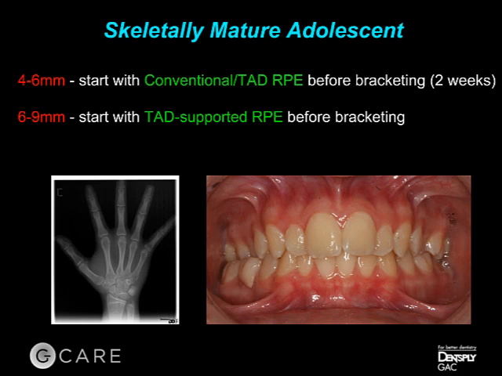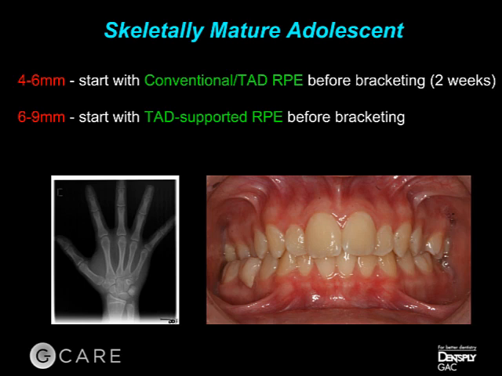To me, this is where the TAD-supported RPE comes in, knowing that on these skeletally mature adolescents, I can gain 70 to 80% of that dimension without surgery. This is one of the things that has truly, truly changed my practice, and where I feel the TAD-supported RPE is very, very beneficial.